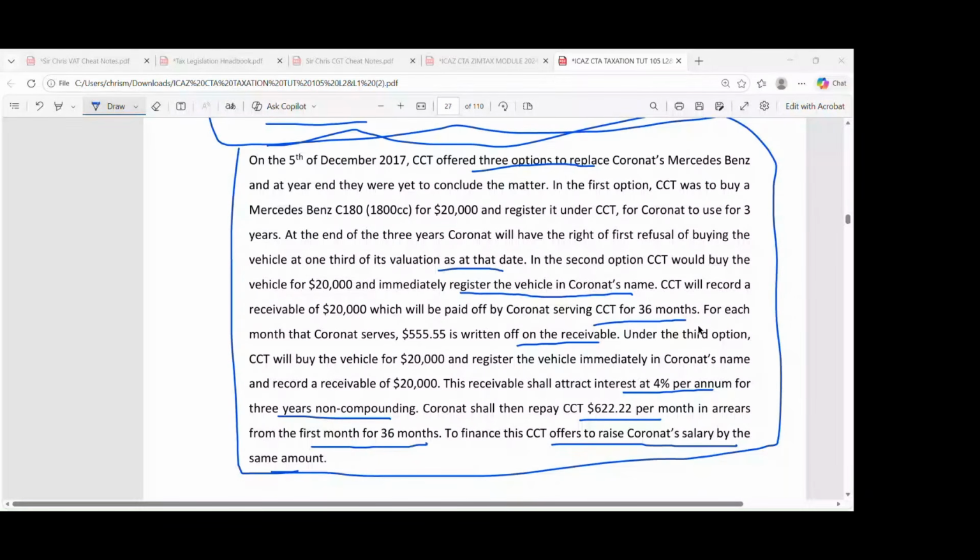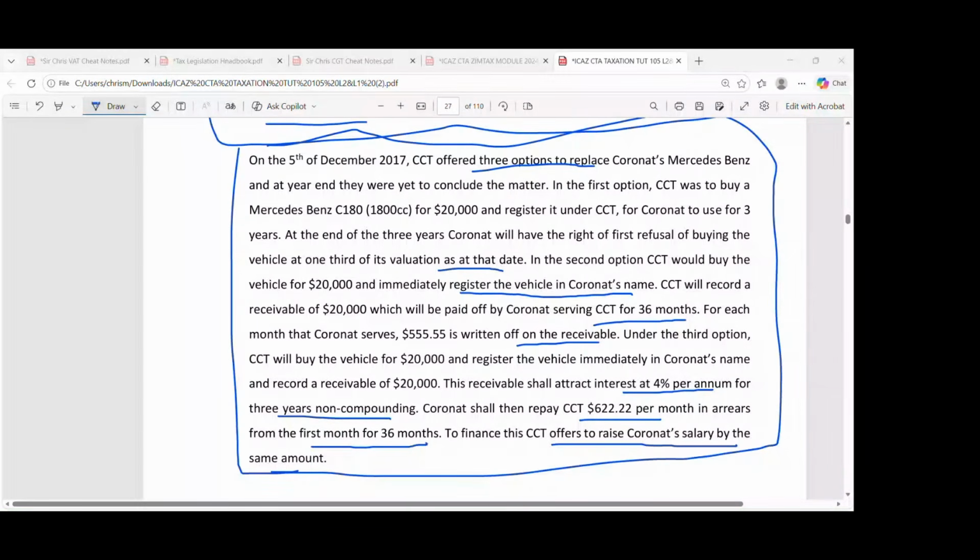If you purchase the vehicle, the difference between the market price and the purchase price of that vehicle is income, but it's exempt if someone is over 55 years. Are you following? If someone is above 55, then you're exempt. Otherwise, on the other side, it's income.